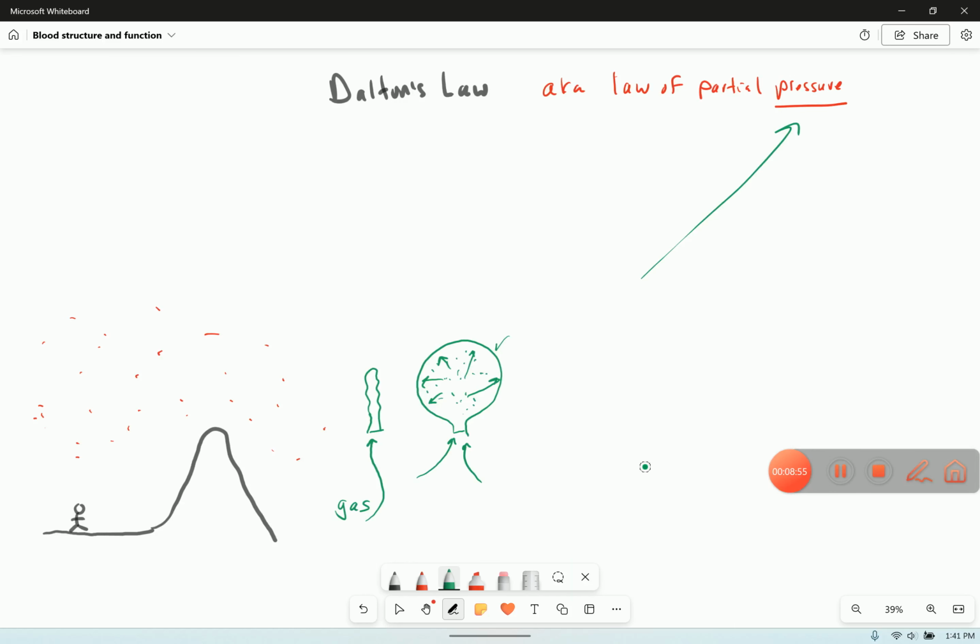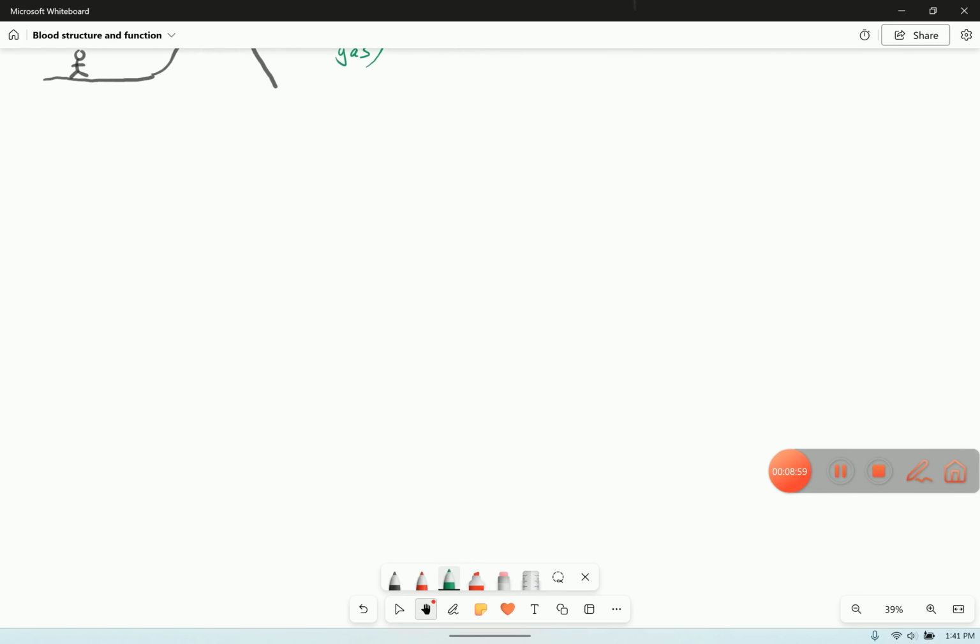So, in the lungs, the gases that we mostly deal with are nitrogen, oxygen, and carbon dioxide.